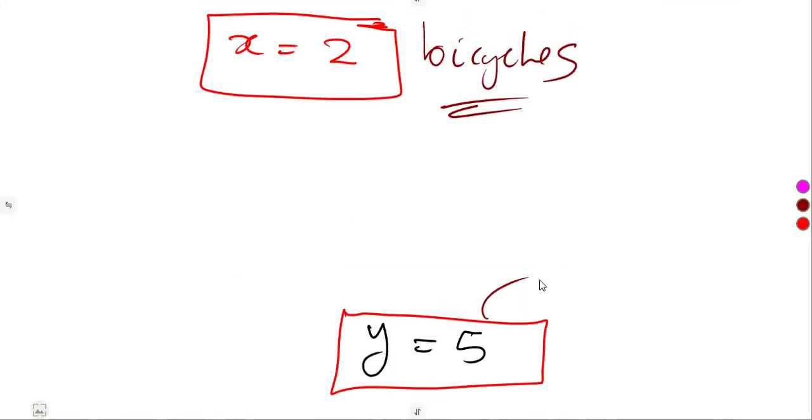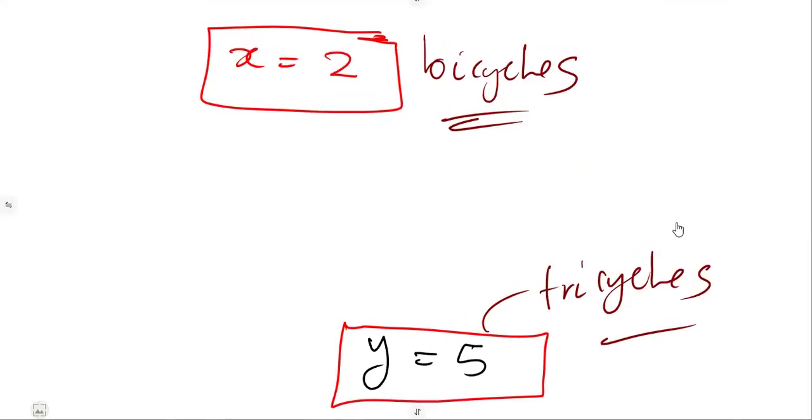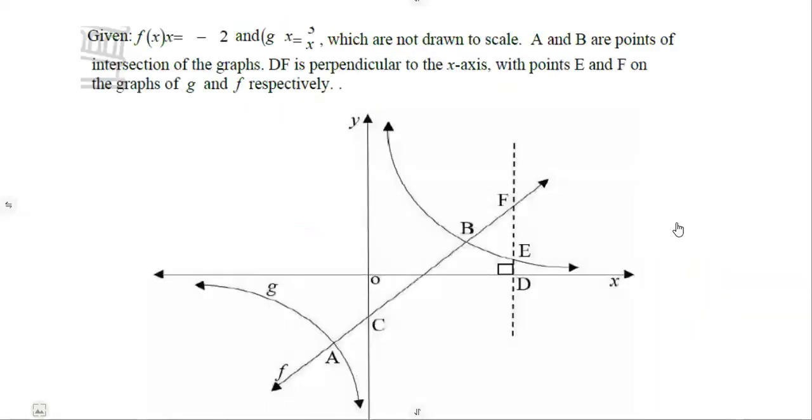So we've got 5 tricycles. So that was the question. So you see, guys, it is not always that you shall be given direct simultaneous equations. Sometimes they want you to be the one who is formulating.